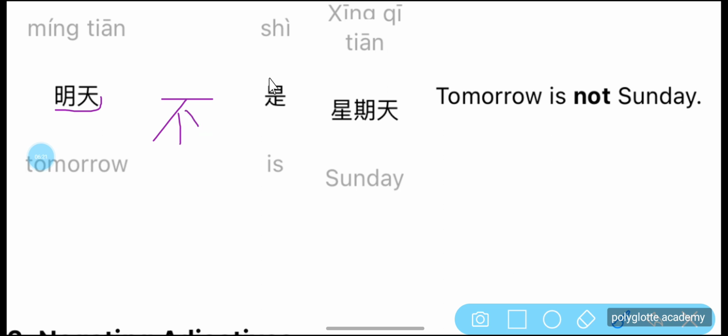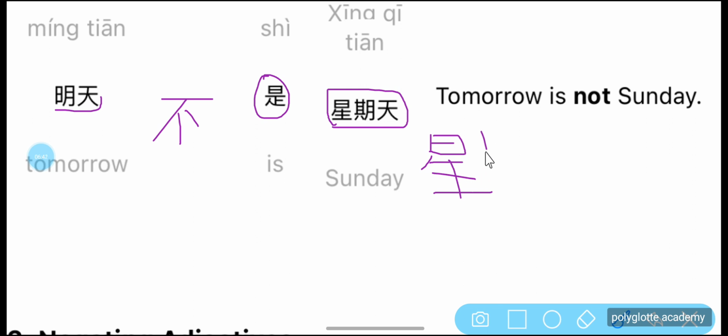明天不是星期天. 星期天 here is Sunday. We have learned the days of the week in the previous video. 星期 means a week, and we have seen how to write the character, super easy. 星期一 is the first day of the week, 星期二 is the second day, which is Tuesday, and now we discovered that 星期天 is Sunday.